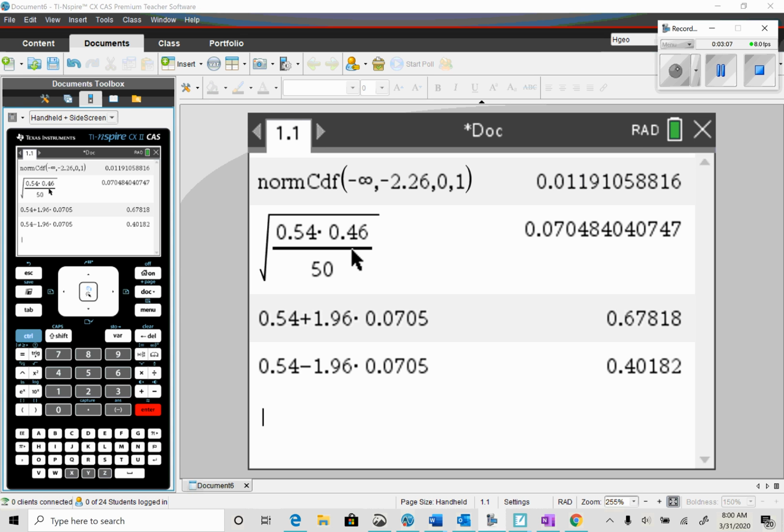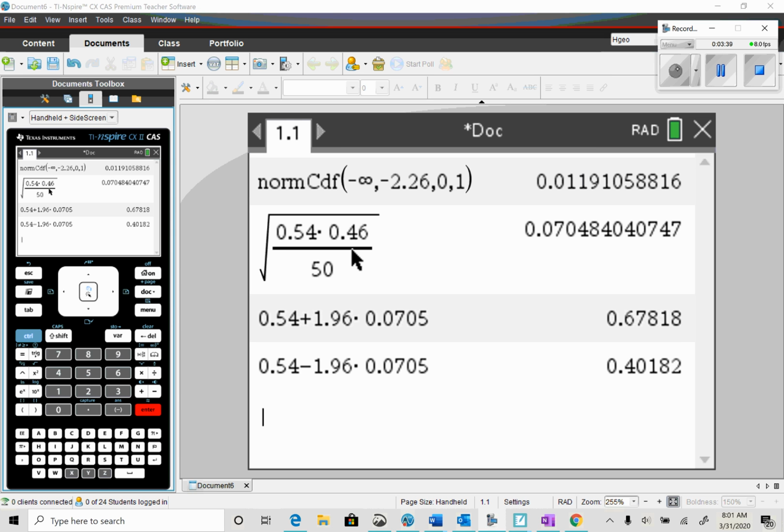So again, you're looking for a confidence interval. We're looking for two different values, high end, low end. So type that in separately. Again, whatever your value for p hat was, whatever your proportion turned out to be, 0.54 in my case, plus the 1.96, that z star critical value, times my standard error, 0.0705. So that's going to give me the upper end of my interval.